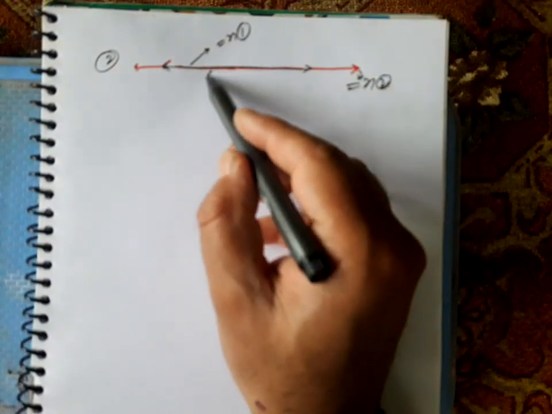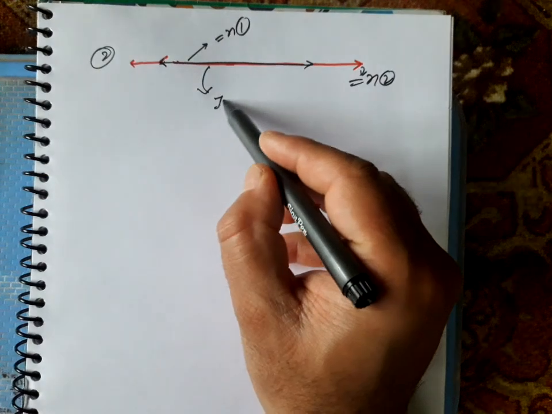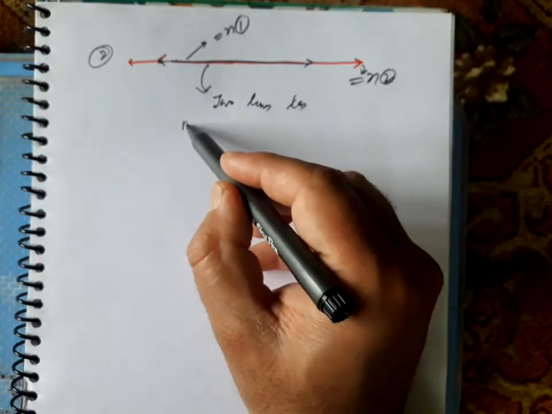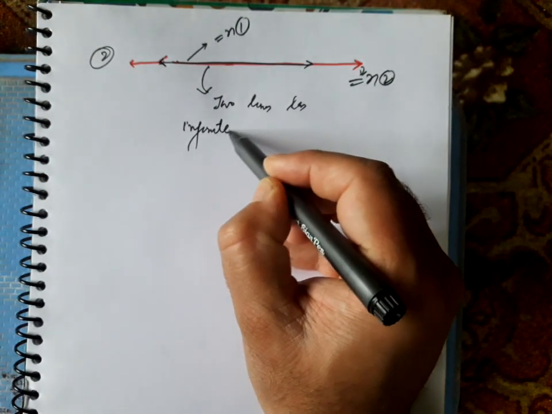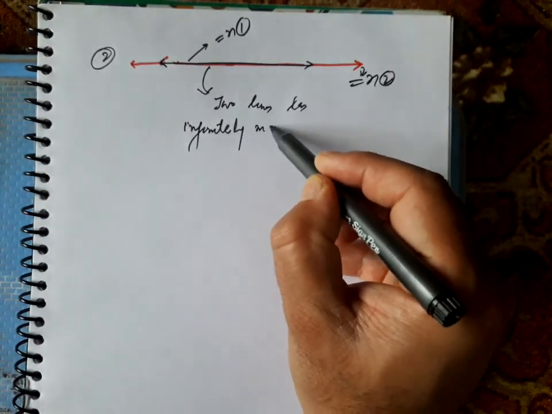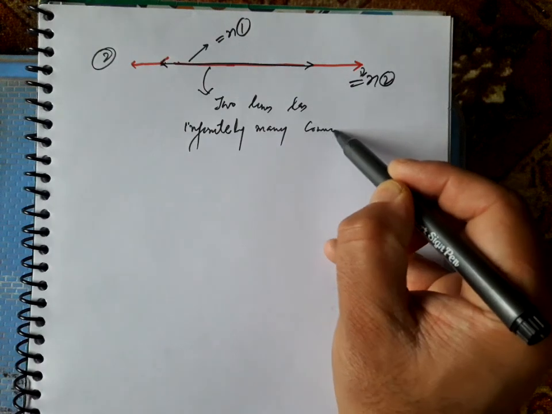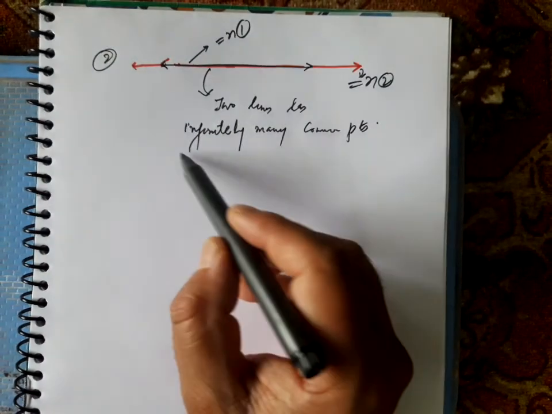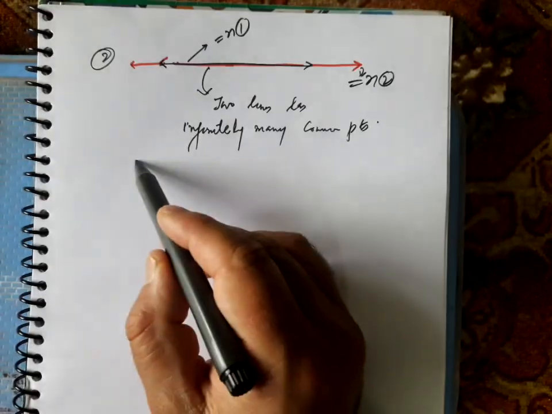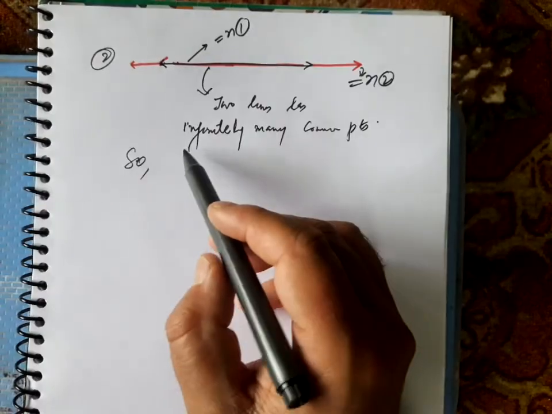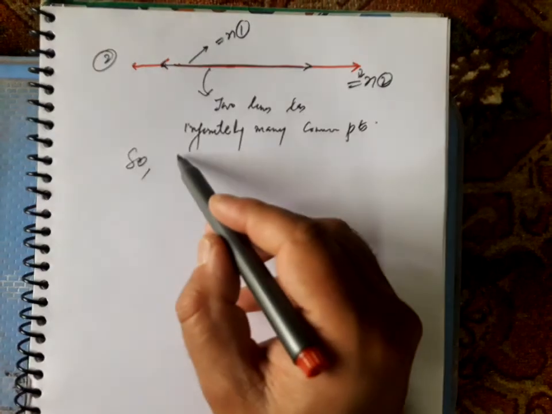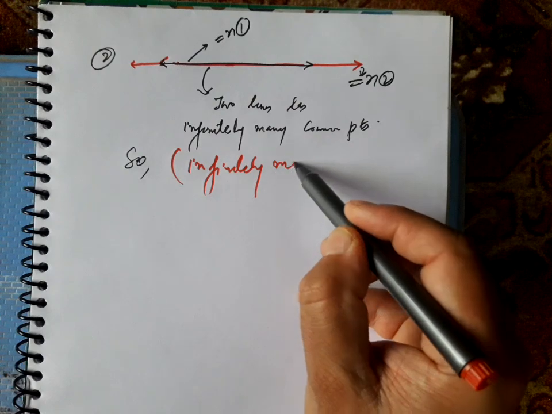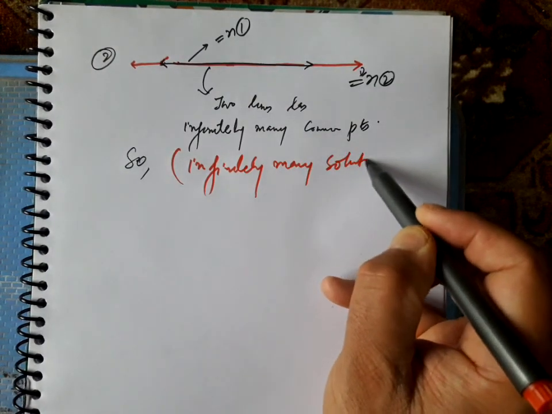In this case the two lines have infinitely many common points, and the common points between two lines represent their solution. So in this case, infinitely many solutions.